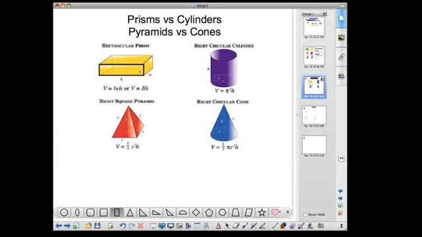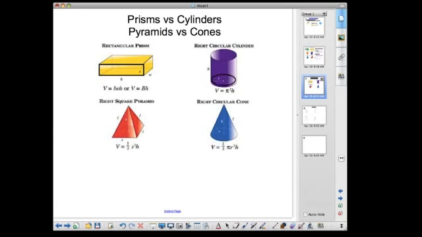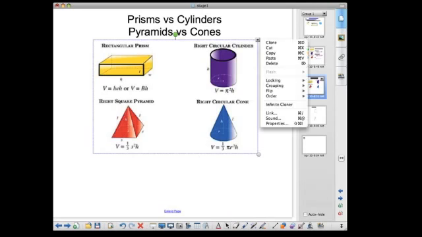Also, if we look for a moment at a cylinder, it is in fact a type of prism because the circle in the cylinder can be shifted all the way up through the cylinder and equal the top surface of the cylinder as well. So it's almost like I have millions and millions of slices in my cylinder.